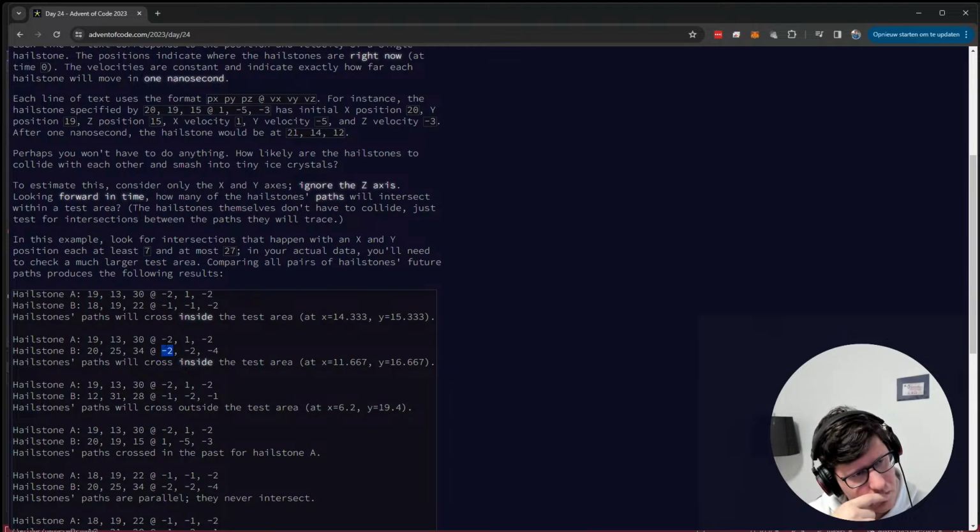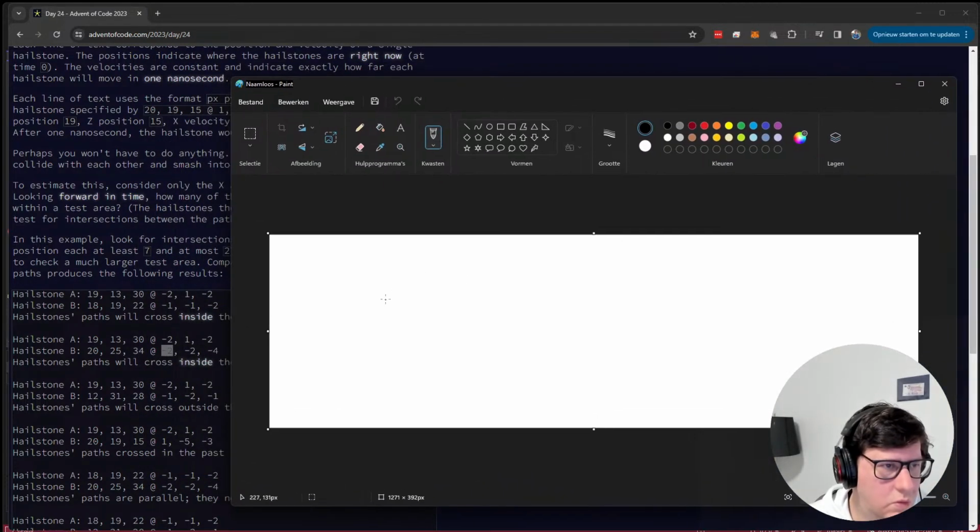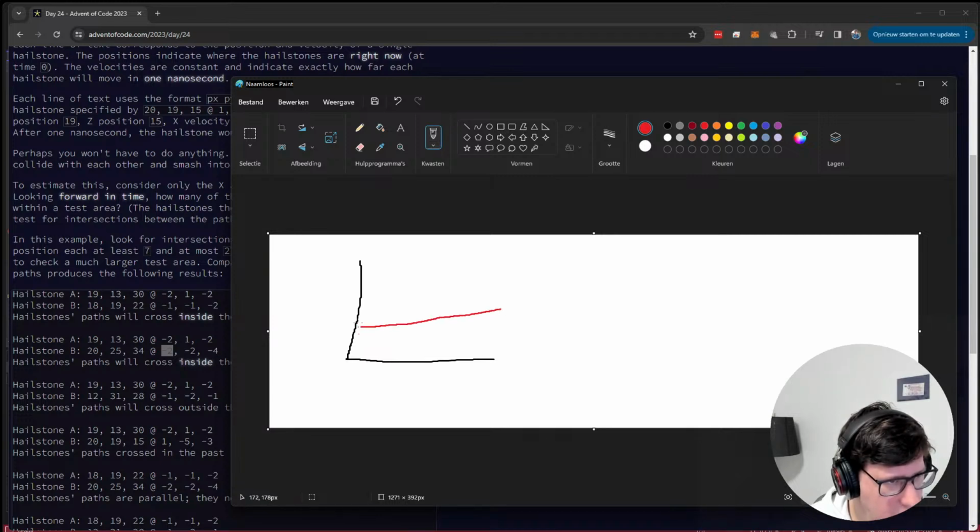Right? Boom. Let's see. For this one, we have one that starts at 19 and it goes up slightly. And we have one that starts here and it goes down. So yes, sure, okay.